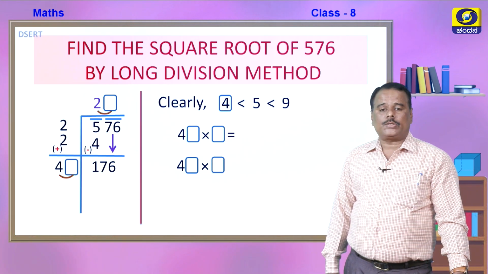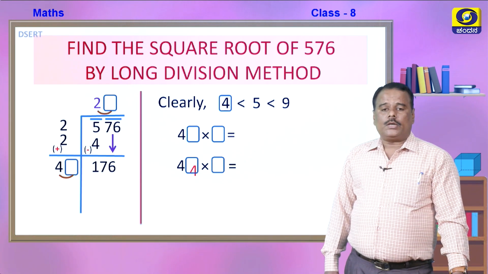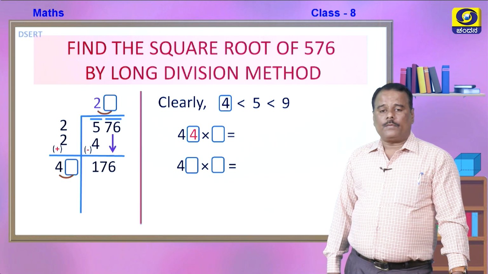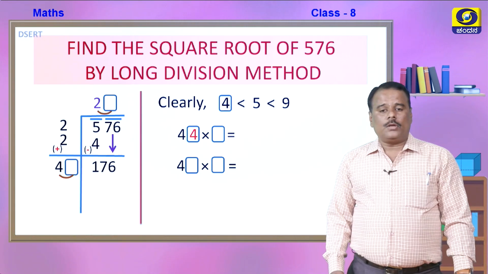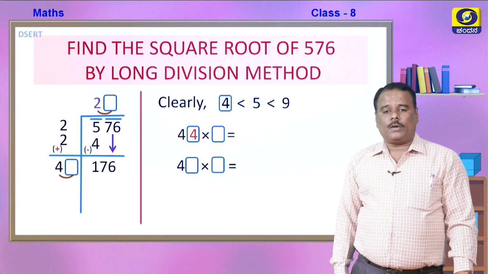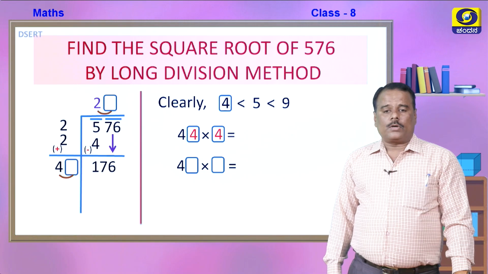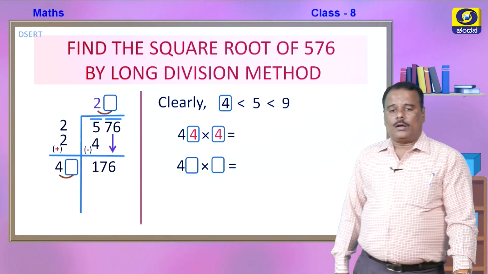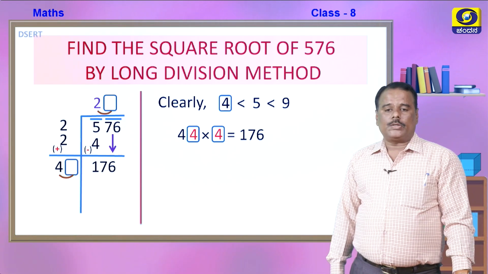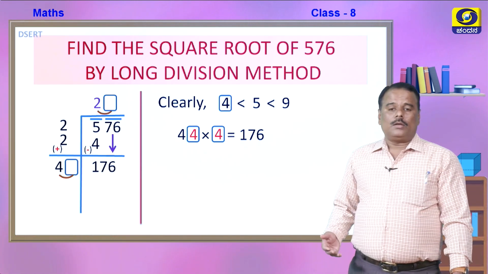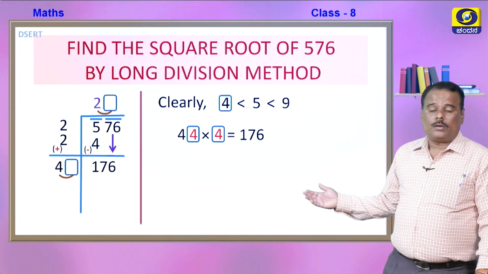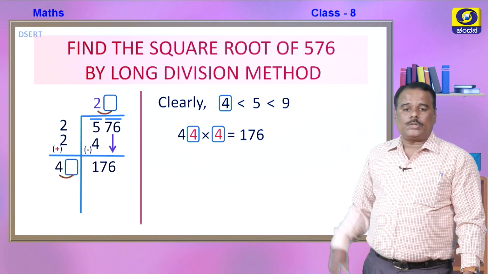First, let us check with 4. Let us put 4, it becomes 44. As we have introduced 4 in the units place, we have to multiply that 44 with the same digit. 44 fours are 176. So we got 176, which is required, and there is no need to check the next one; automatically that option is cancelled.